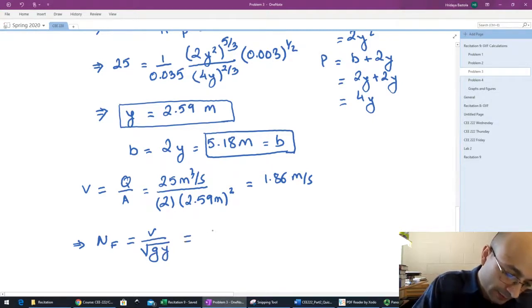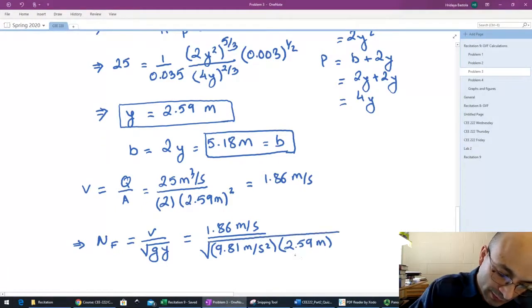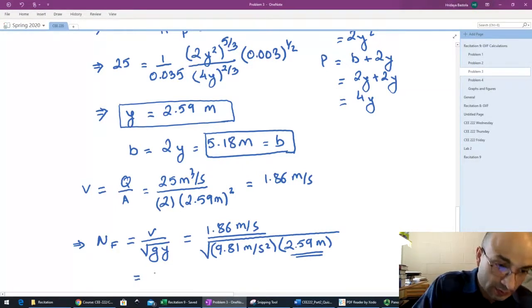That equals 1.86 meter per second divided by square root of 9.81 meter per second squared times the width, the channel depth, 2.59. So this is not channel depth, the water depth, and that gives us a Froude number of 0.369.